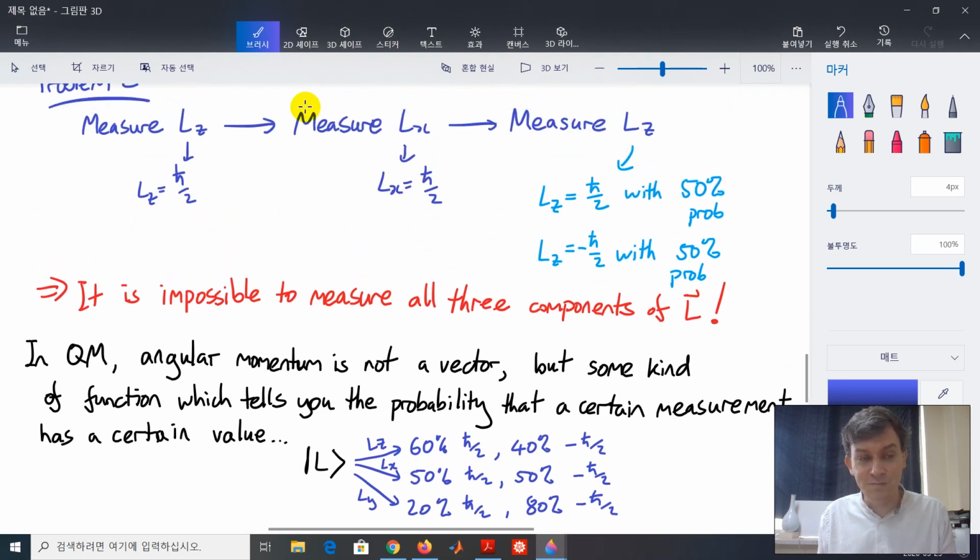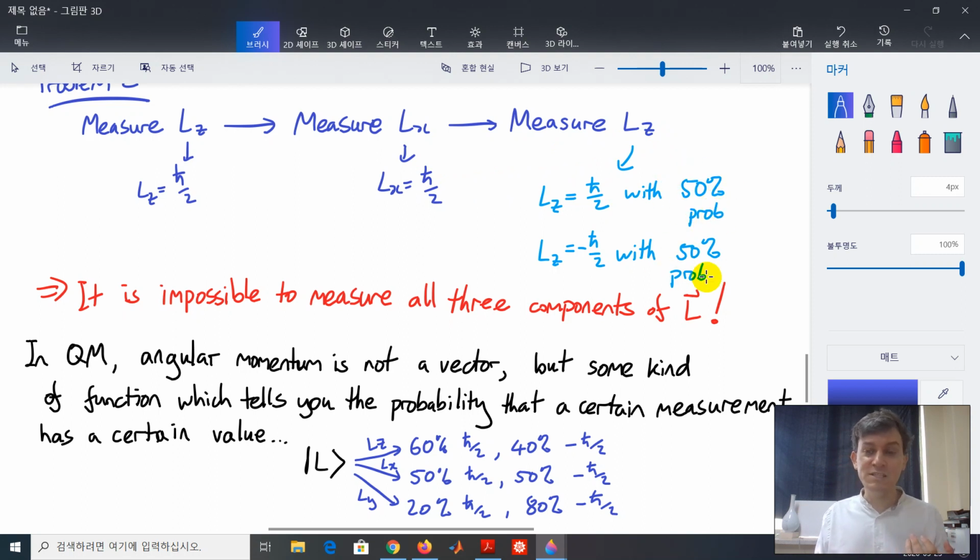Secondly, this problem 2 shows you something important about this function. If you measure Lz and then you get plus h bar over 2, then it should be 100% probability that you get plus h bar over 2, right? Because you've done it, you've measured it. But once you measure Lx and then measure Lz again, you find that the probability has changed just to 50-50.